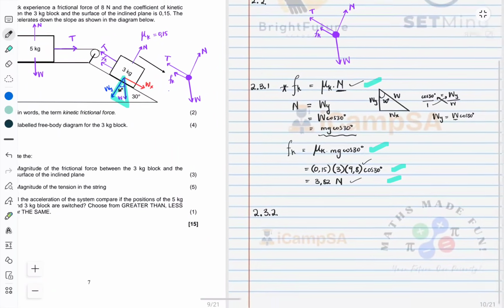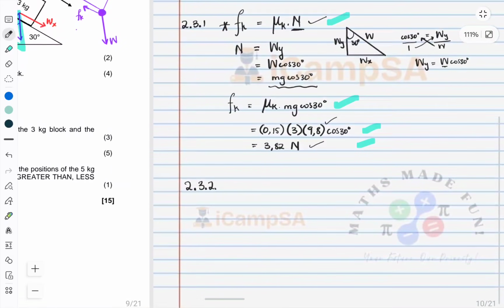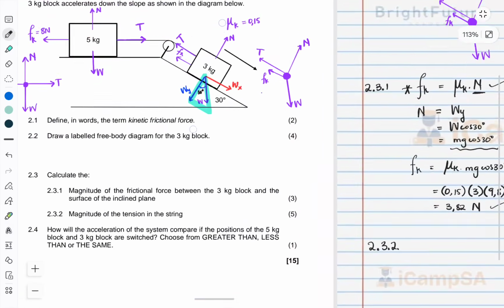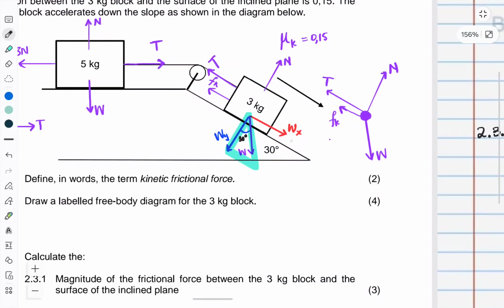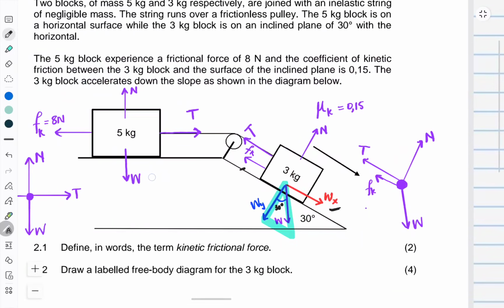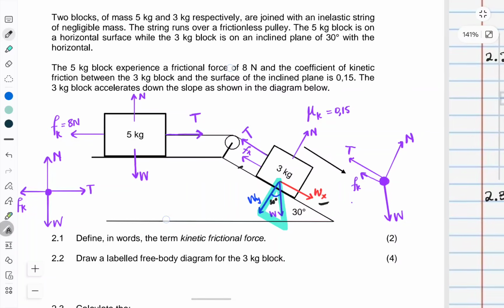So if we check for the 3 kilogram block, let's come here, we have Wx. Well, we know what that is. We can calculate it during the calculation itself. And then we know Fk already. We don't know the acceleration. We are told that this block just accelerates down the slope.